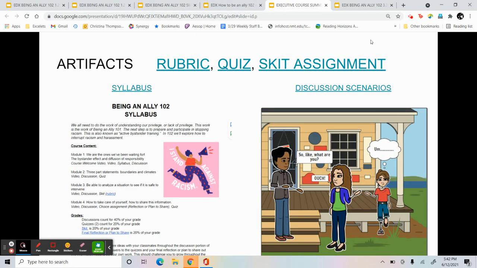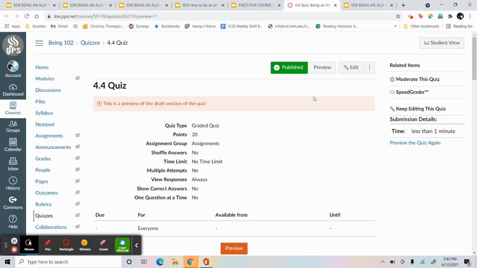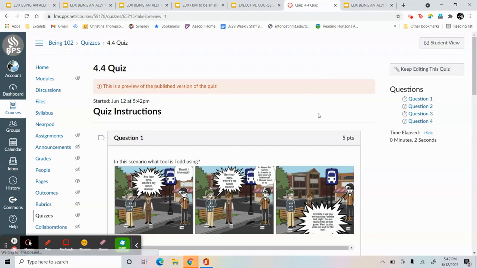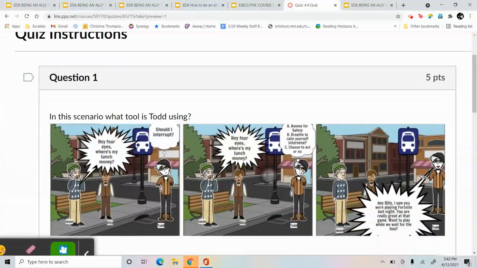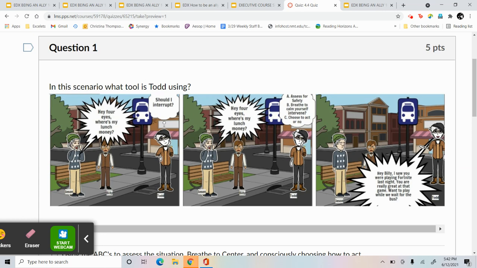Also, in this course, there are quizzes where students apply what they've seen in the course as policies. So, for example, in this scenario, this learner would have to answer this question.